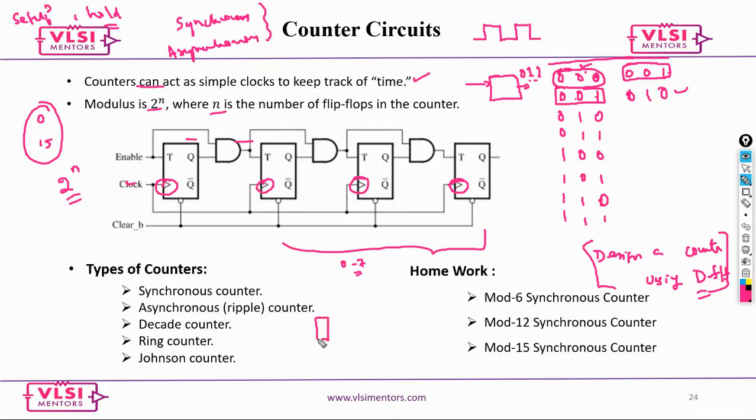Say you have a register, and there is another register, and another register. In case of synchronous, all of them would be connected to the same clock. But in case of asynchronous, the output is going to be treated as the clock for the next stage.